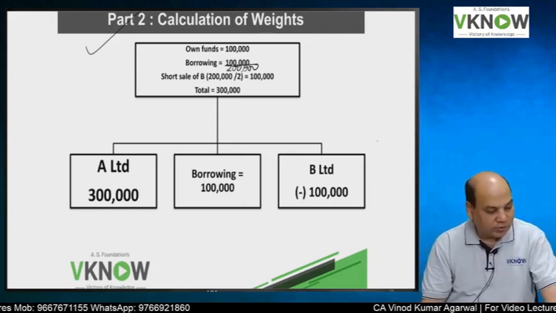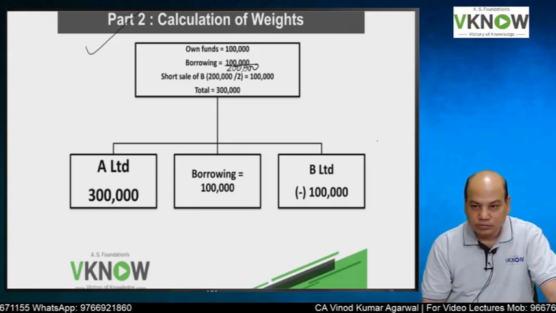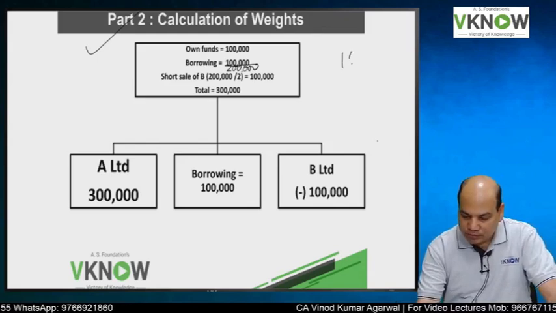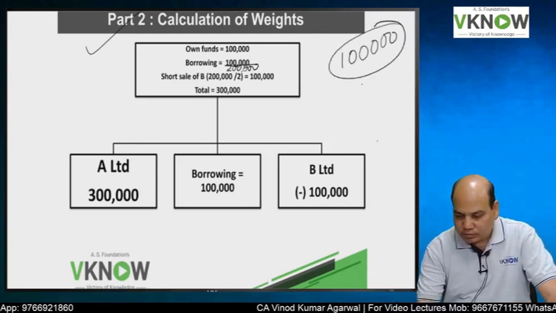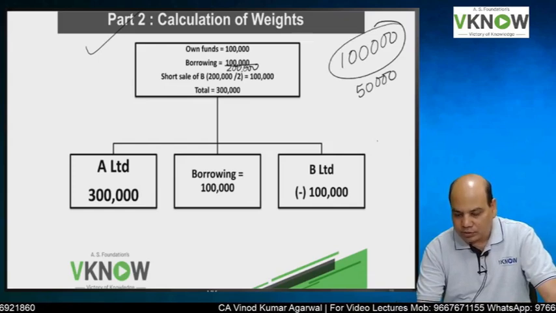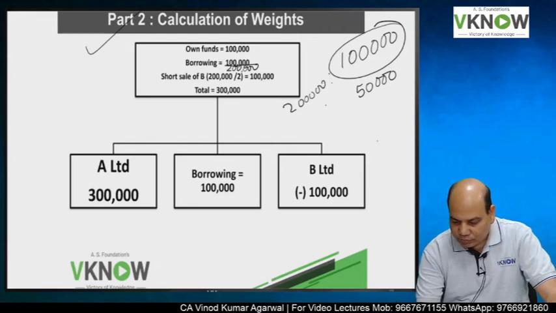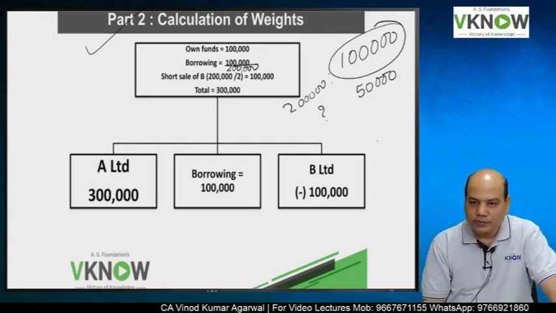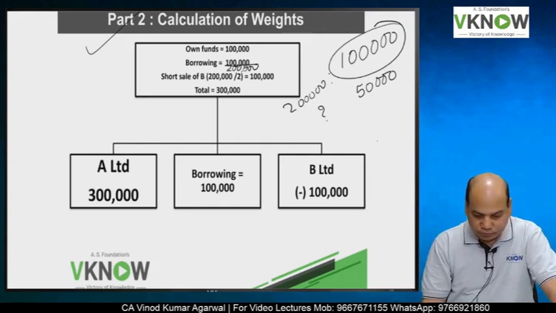One good question, you have to take the same ratio which you have followed in question number 1. In question number 1, you had 1 lakh rupees money, short selling in B was 50,000. Now you have 2 lakh rupees. So what will be the short sale of B? You have to follow the same proportion. Okay.